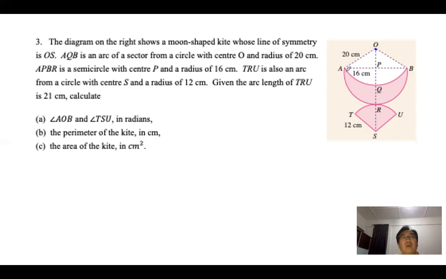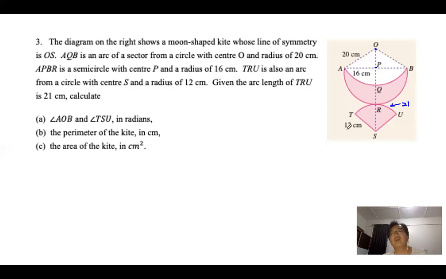Then APBR is a semicircle with the center P. So you must make sure you know exactly this is the arc with center O, and this is the arc with center P, and this is a semicircle. And then TRU is also an arc with center S, radius is 12. Given the arc length TRU is 21 centimeter. Find the angle AOB and TSU.